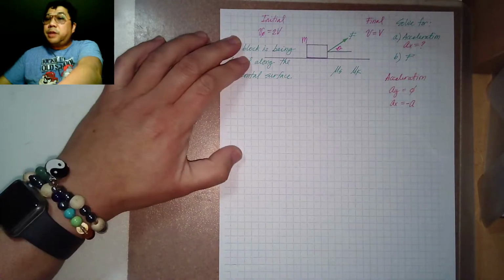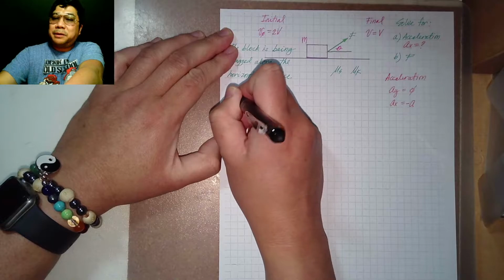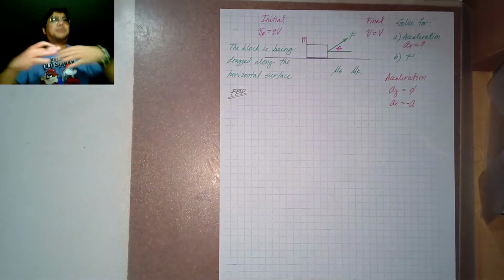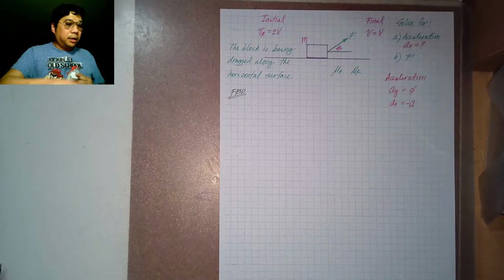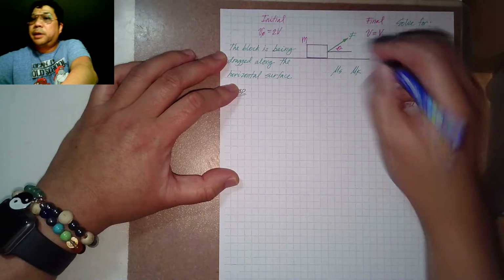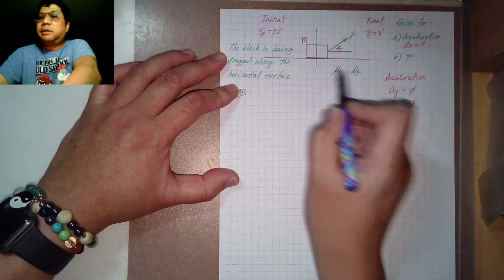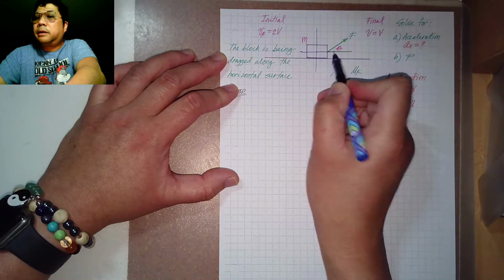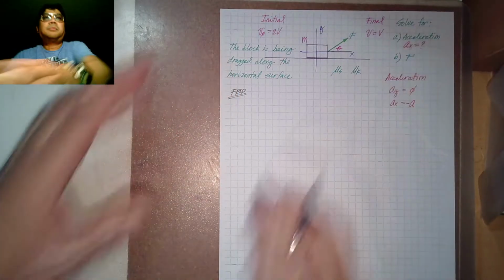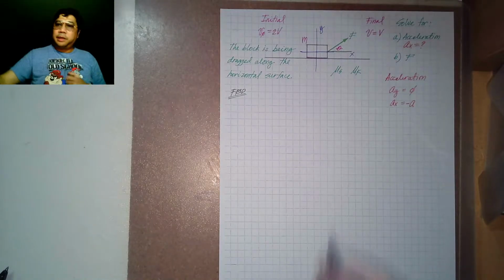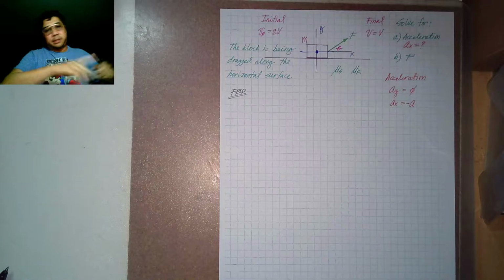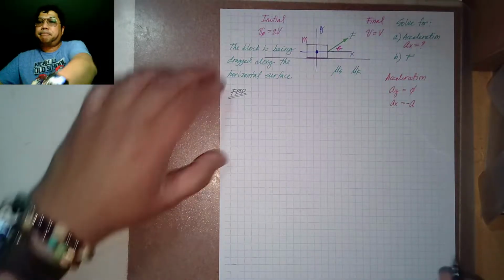Now, the first step, as always, is to draw your free body diagram. You probably know by now that the first step is to present your understanding of the concept using a free body diagram. There should be imaginary lines: this is your y-axis and this is your x-axis, and there's a dot where all forces meet.